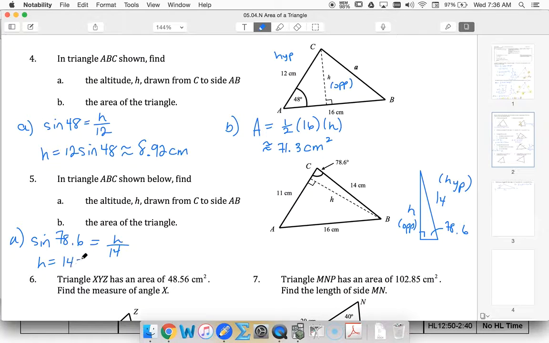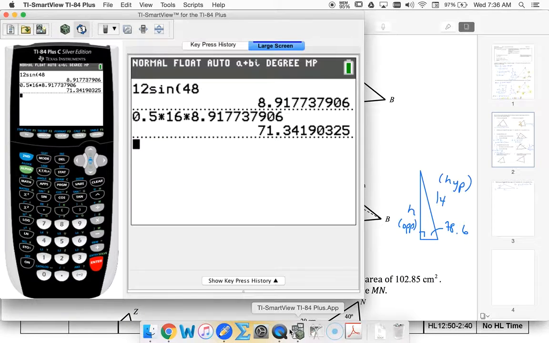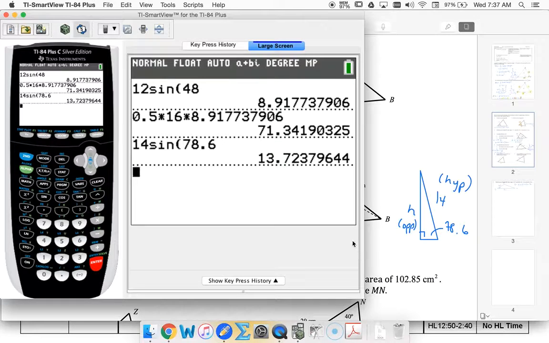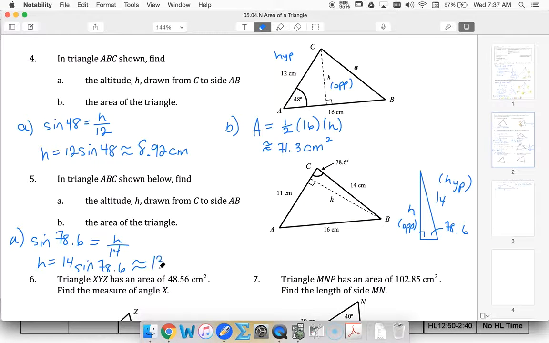So 14 times sine of 78.6. And that will give us the approximate height. Okay, 13.7 centimeters.